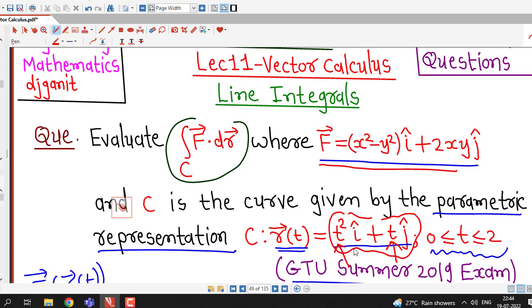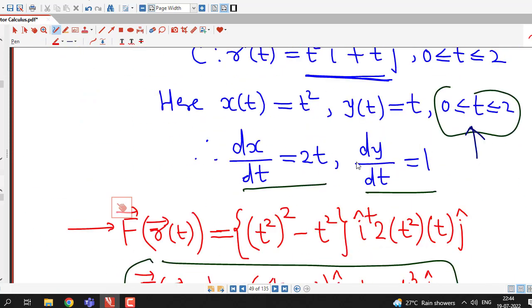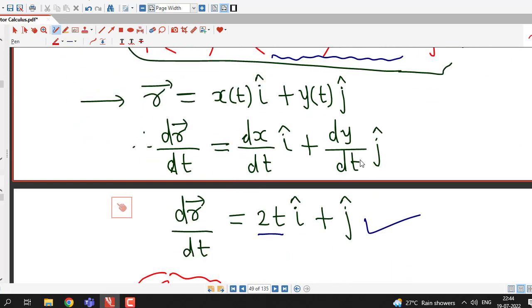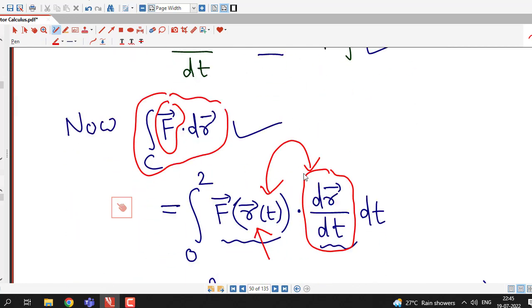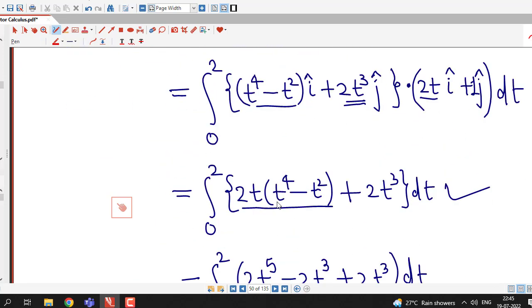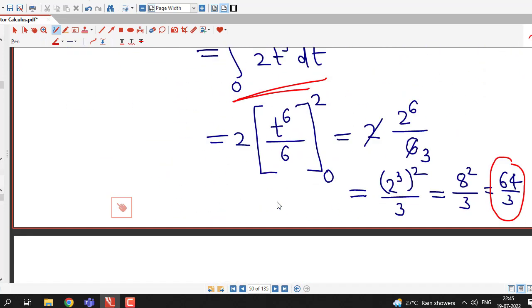If we observe here, x component is t square, y component is t, and using x equal to t square, y equal to t, we decide the vector function f bar in terms of t, and then we take the dot product of f bar with dr bar by dt, and dr bar by dt we obtain using this formula for position vector, and then we take the dot product of dr bar by dt with vector function at r bar t, and we are able to decide the value of the line integral.